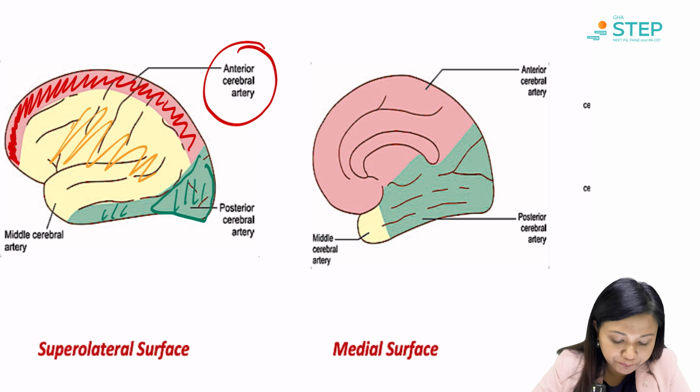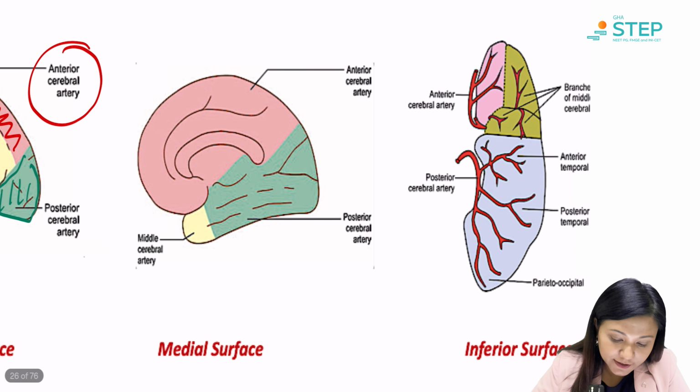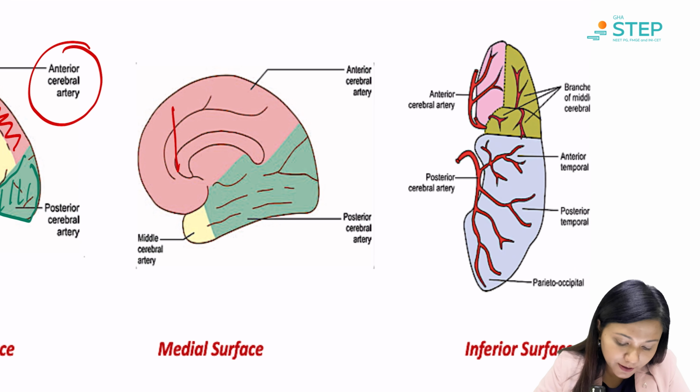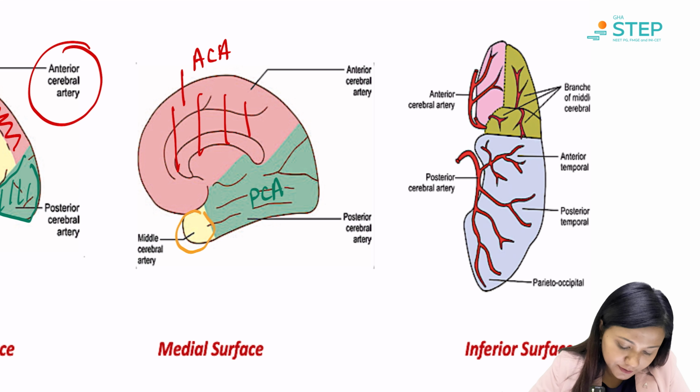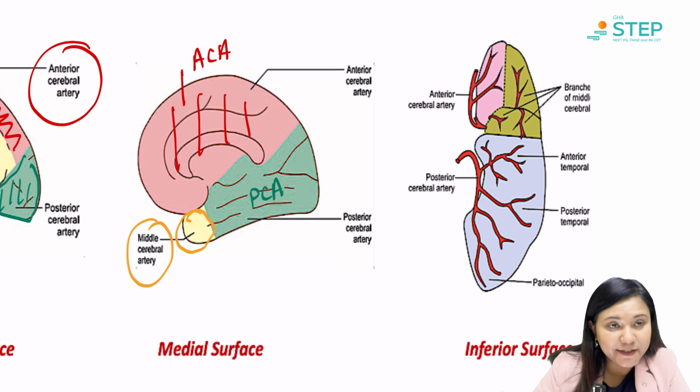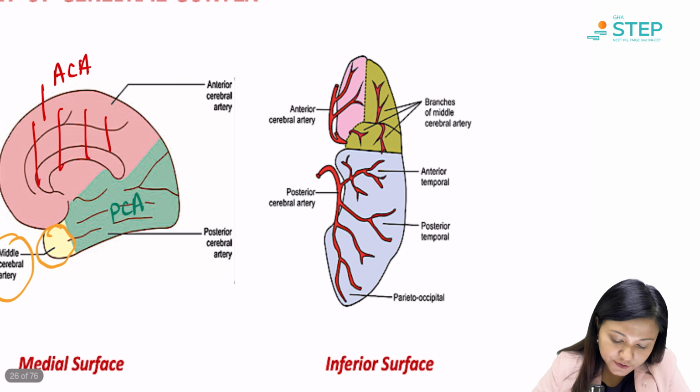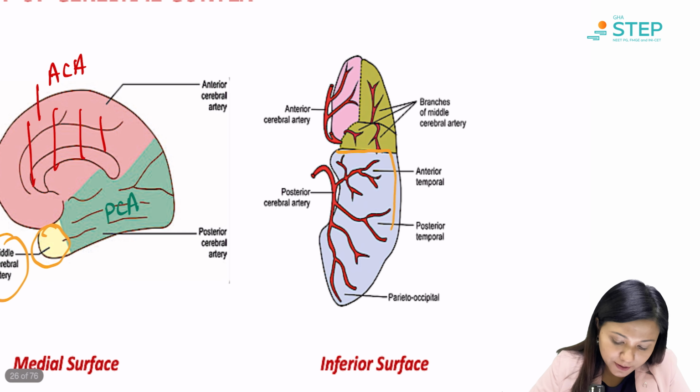On the medial surface, most of the part is supplied by the ACA, the lower part by the PCA, and a little around the temporal region by the middle cerebral artery. On the inferior surface, most of the part is supplied by the posterior cerebral artery.